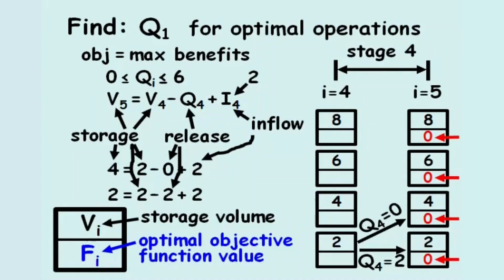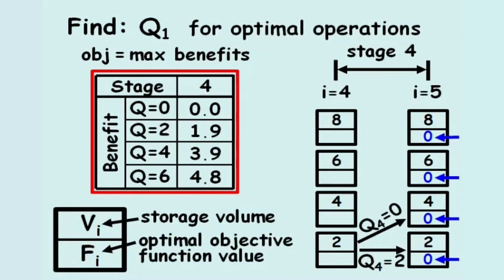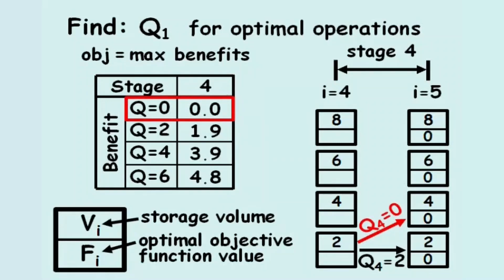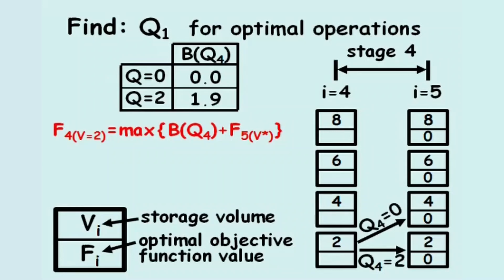Returning to the benefits table, for stage 4, we realize there is 0 benefit for releasing 0 units of water, and a 1.9 benefit for releasing 2 units of water. Since our objective is to maximize the benefits, the optimal operating policy depends on whichever release will maximize F4, for a storage volume of 2.